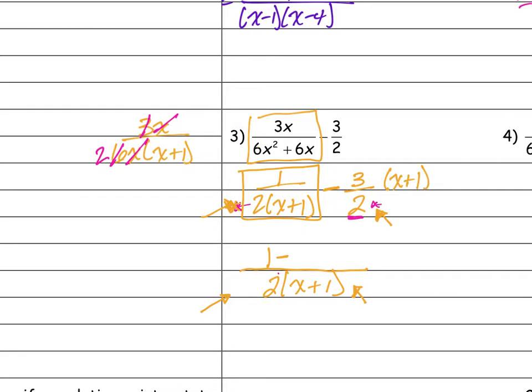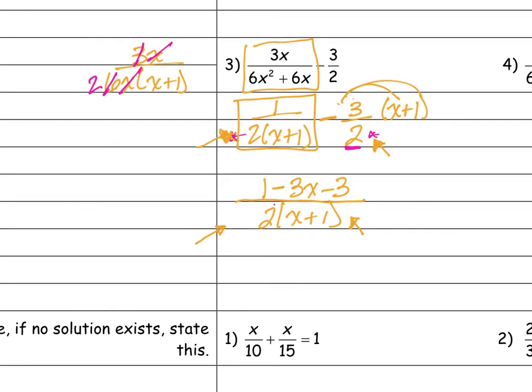Okay. So is it okay if I just distribute from here? Sure. So I've got a negative 3 distributed into here, right? So that would be negative 3x minus 3. Everyone okay with that? Then I'm just going to simplify it from there.